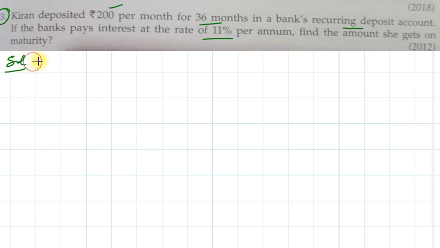So here principal has become now rupees 200 and n is already given in months, so no need to change or convert. So R is 11% per annum.